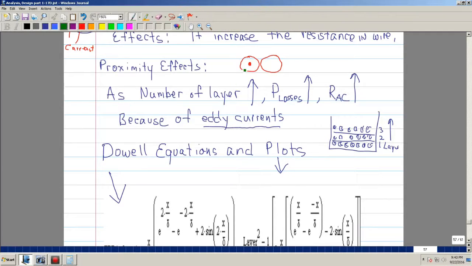If current is going in, then it develops a magnetic field using the right hand rule. It's going in, the thumb goes in, so my hand goes in this direction, so that means the magnetic field goes in this direction.